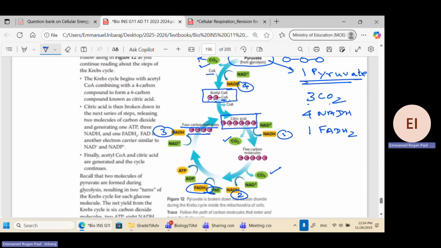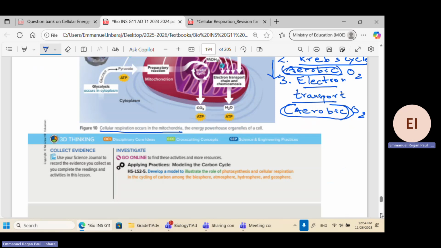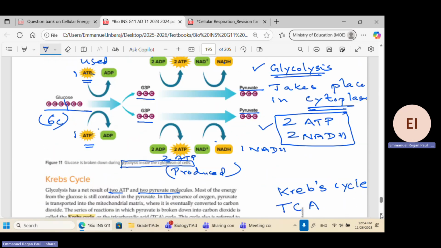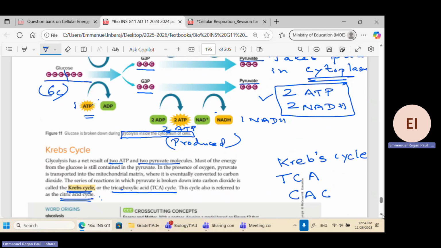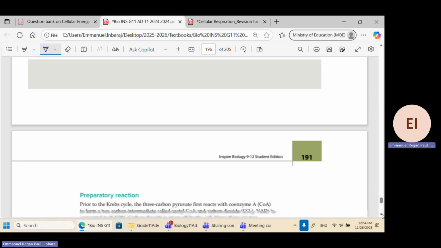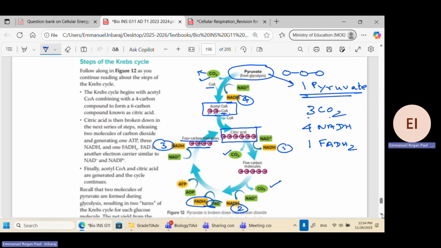Now, remember, it is not only one. Let's go back a little. How many pyruvate do you have? 2 pyruvate.